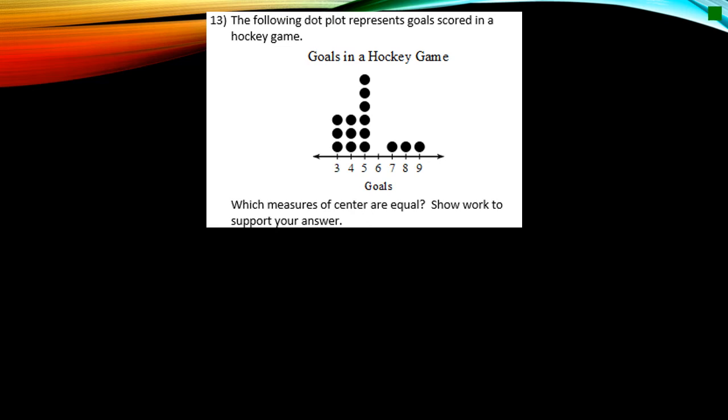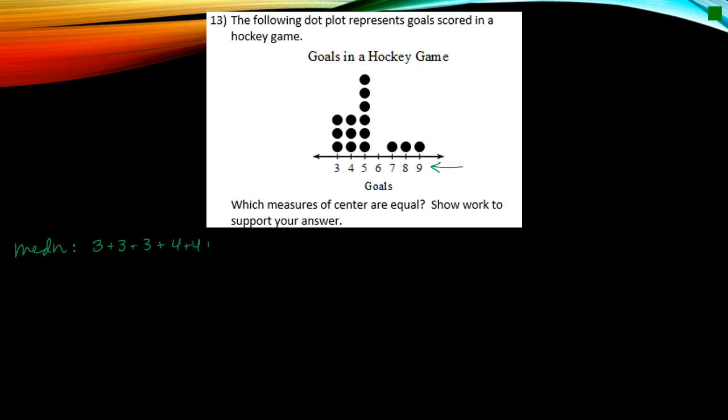We are asked to determine which measures of center are equal here. That means mean, median, and mode. So we're going to calculate all three and then determine which ones are the same. So the first thing we're going to do is find the mean. We're going to add up all the numbers and divide by how many numbers there are. So remember, the numbers that you're writing are the ones on the bottom, and the dots tell you how many times to write them. So for the mean, we're going to do 3 plus 3 plus 3.